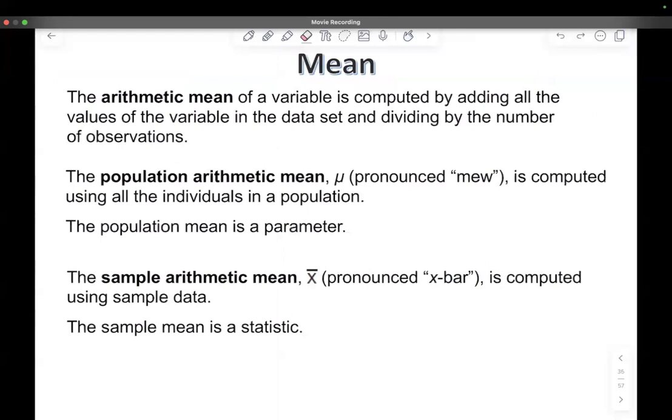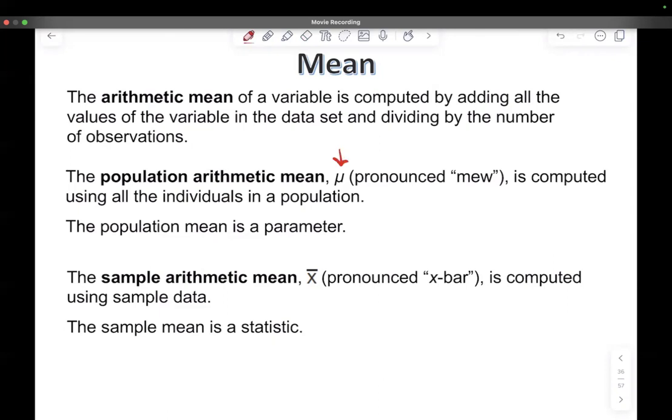So let's start with mean. The arithmetic mean, which we just call the mean, we don't usually put the word arithmetic on it. We add all of the values together and divide by how many observations, or data values, we have. When we're talking about the population mean, the mean of the entire population, like the average study time of every single RCC student, we use this symbol, pronounced mu.